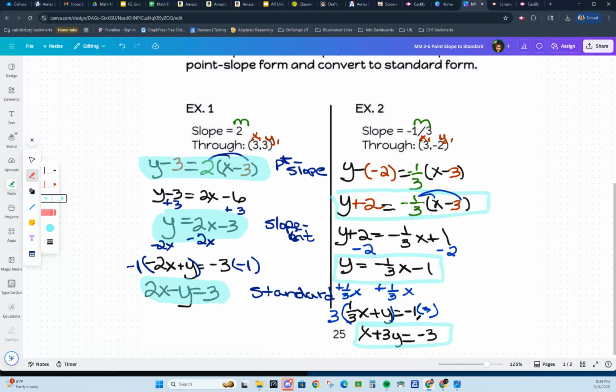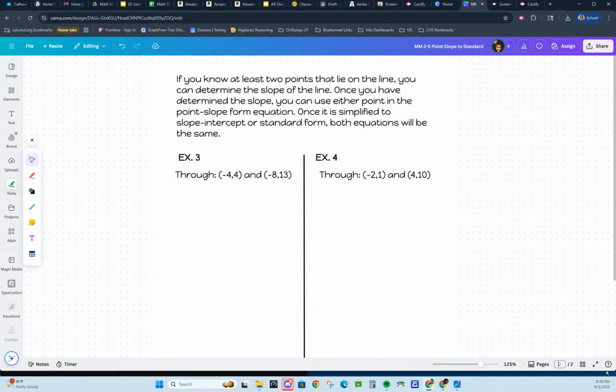Now turn to page 26, and we're going to look at what happens when we have just 2 points. I'm going to go to page 2. There we go.